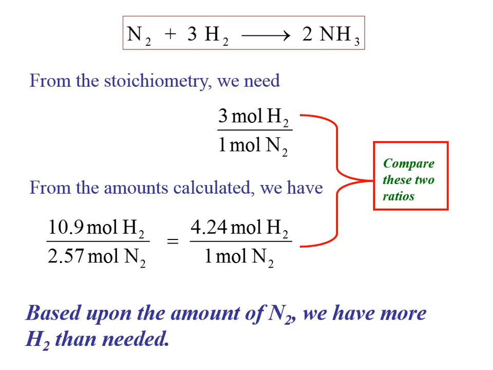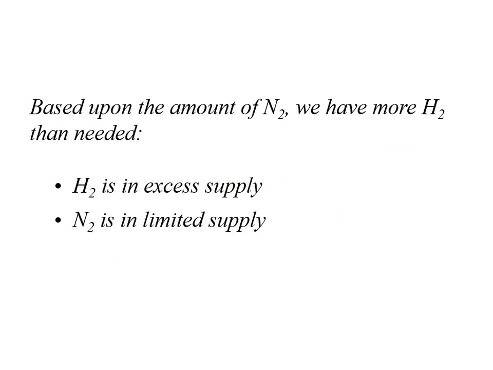Like I said, there are 2 other ways to identify which one was limited, nitrogen or hydrogen here. But whichever of the 3 methods you use, you have to show how you do it and clearly state your conclusions. Okay, so H2 is in excess, N2 is in limited supply. So now we can answer those 3 questions. 4 questions?